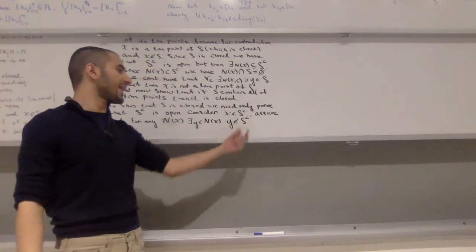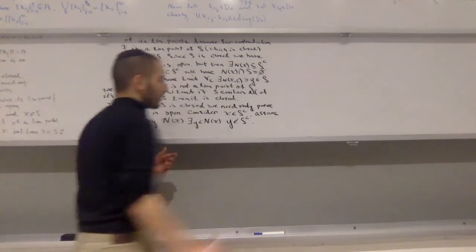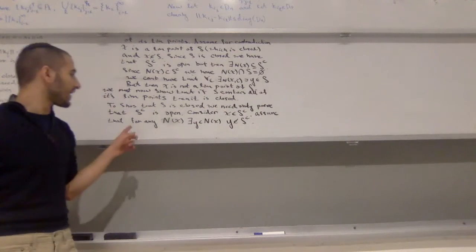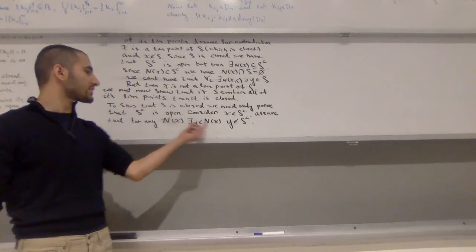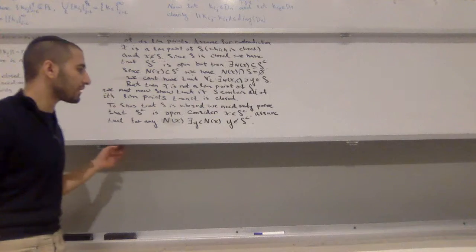So in other words, assume that S complement is not open. And what does it mean for it to not be open? It means that every neighborhood surrounding X contains a Y which is not in S complement.